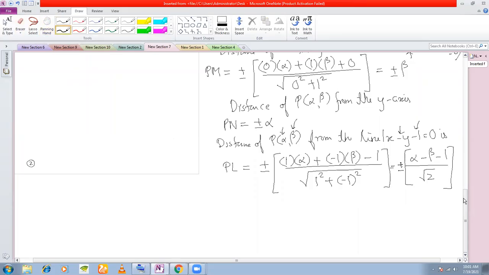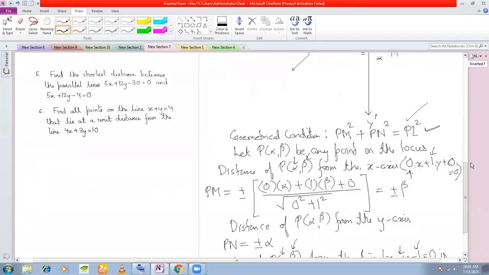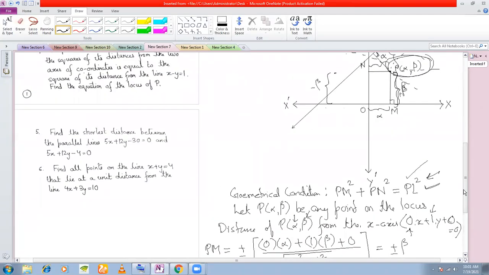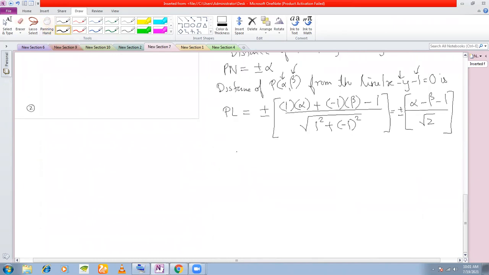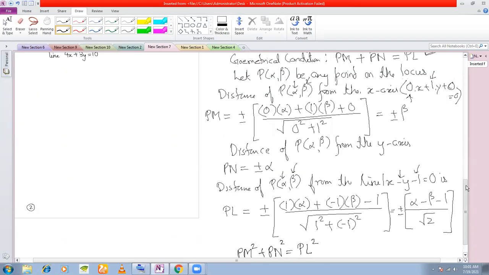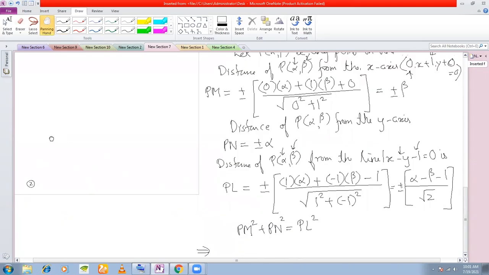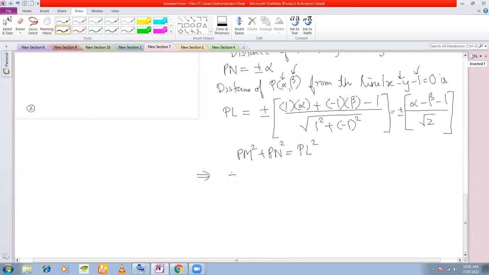Fine. So now what is the geometrical condition given here? PM square plus PN square is equal to PL square. Put the values. How much is PM? PM is plus or minus beta, so plus or minus beta square.